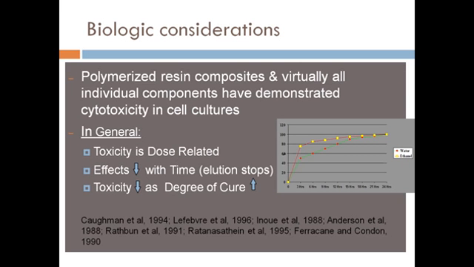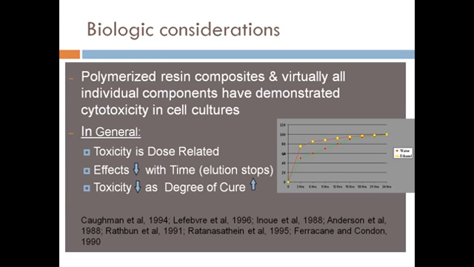What this graph is showing is that polymerized resin composites and virtually all individual components have demonstrated cytotoxicity in cell culture. In general, toxicity is dose related, so the greater the concentration of that compound, the more cells are going to die.